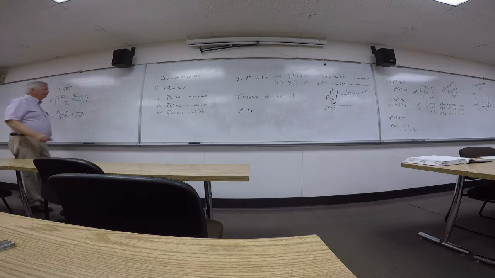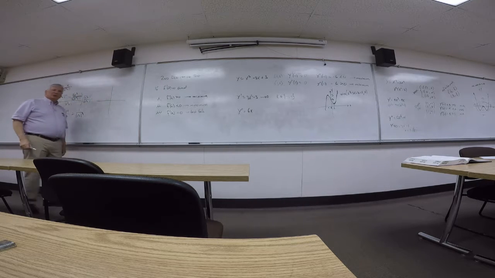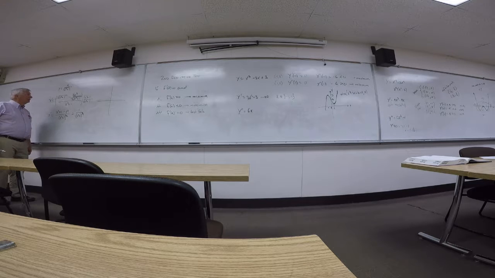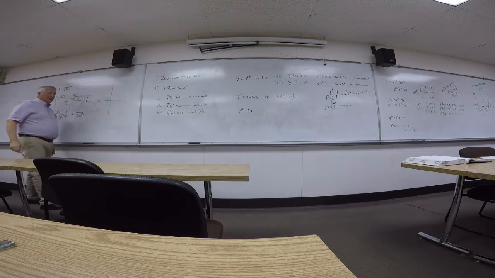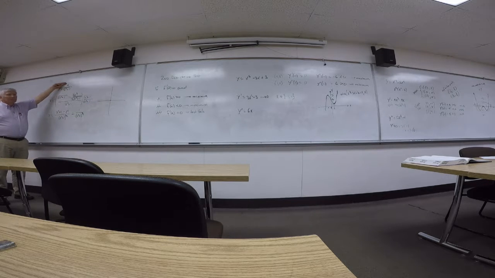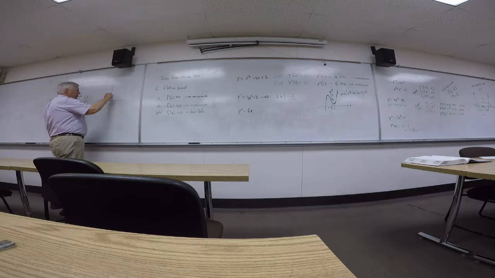So, since we don't have any place where the slope is 0, let's just plot some points. When x is 0, y is 0. When x is positive 1, we have 1 over square root of 2, and 1 over square root of 2 is about 0.7.